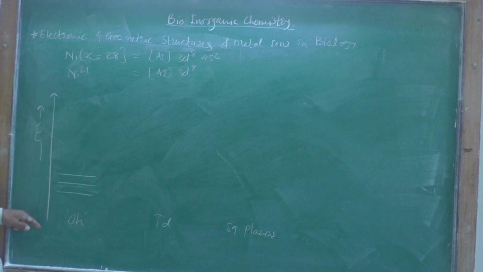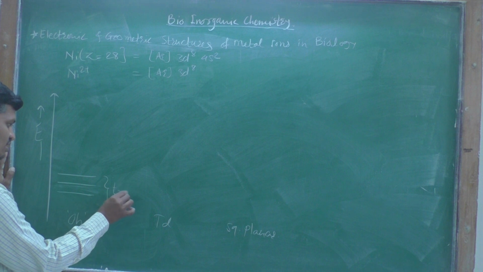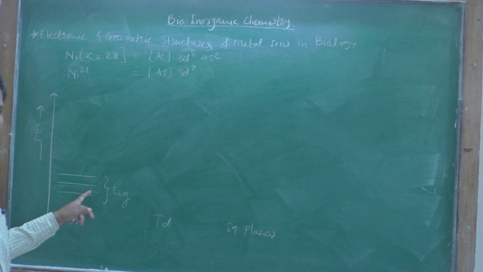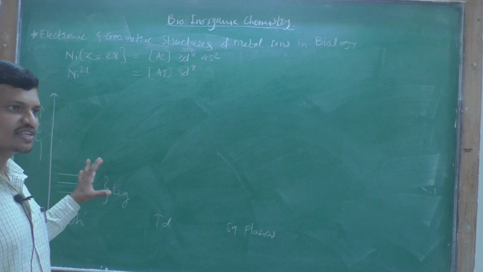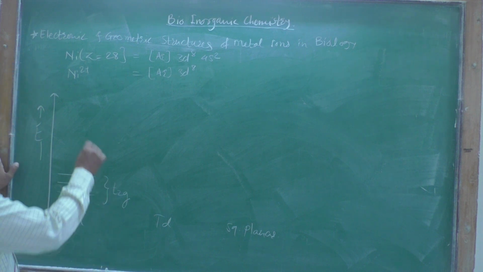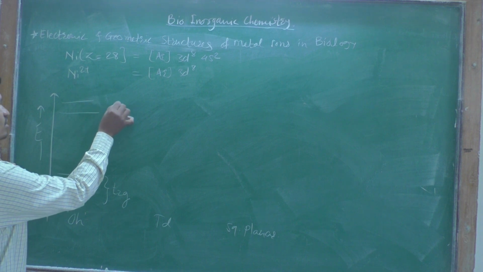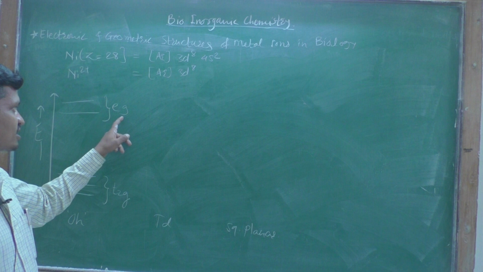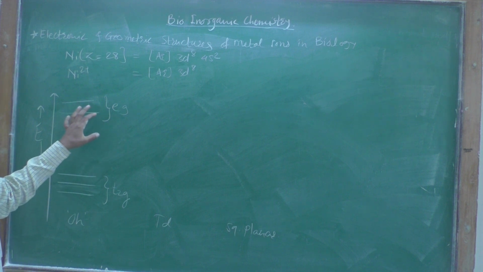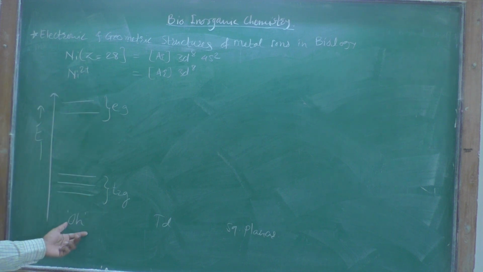Okay, so energy is increasing from bottom to top. So these are the t2g set of electrons. t2g means the dxy, dyz and dxz set of d orbitals. Okay, and these two orbitals are the eg set of d orbitals. They have higher energy in octahedral field.